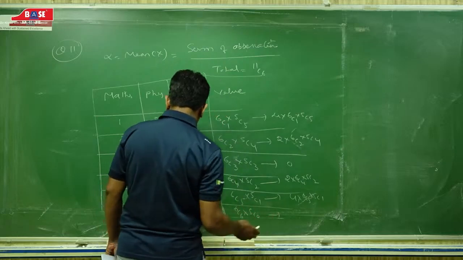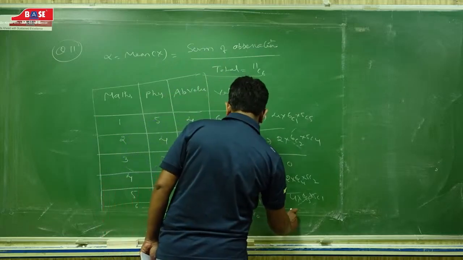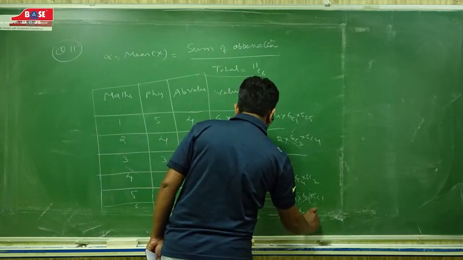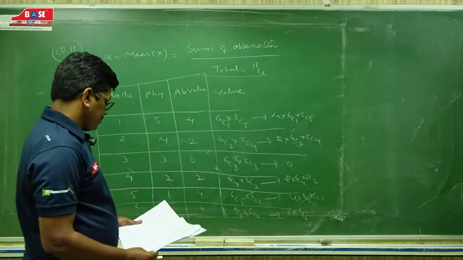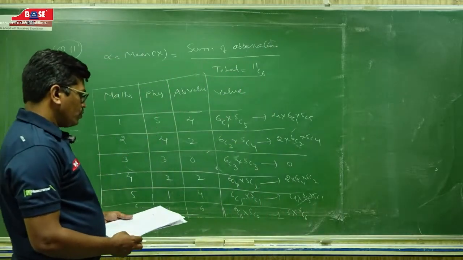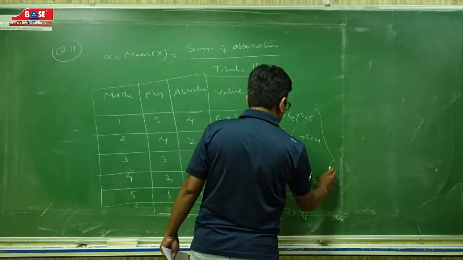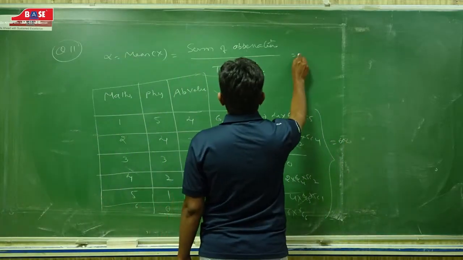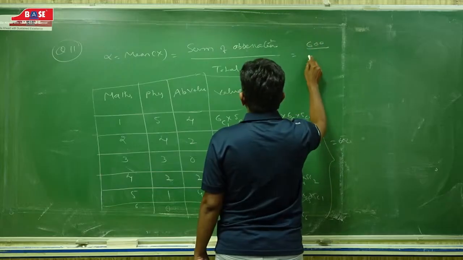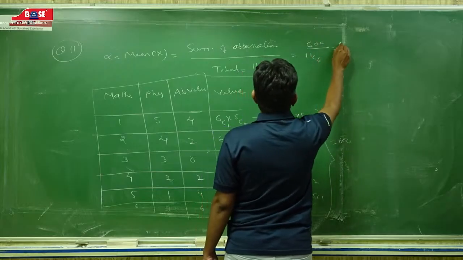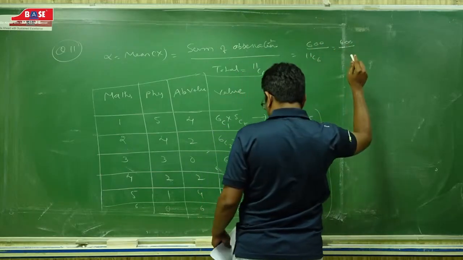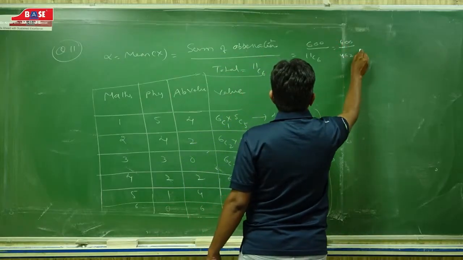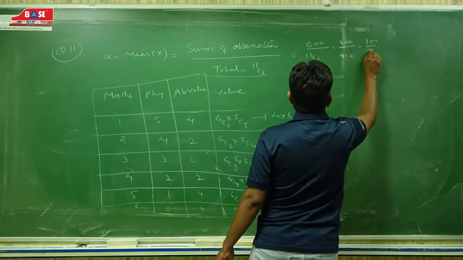The total value is 6 into 6C6. So the total sum of this equals 600. So the mean is 600 by 11C6. The value of 11C6 is 462. So 600 by 462 is 100 by 77.